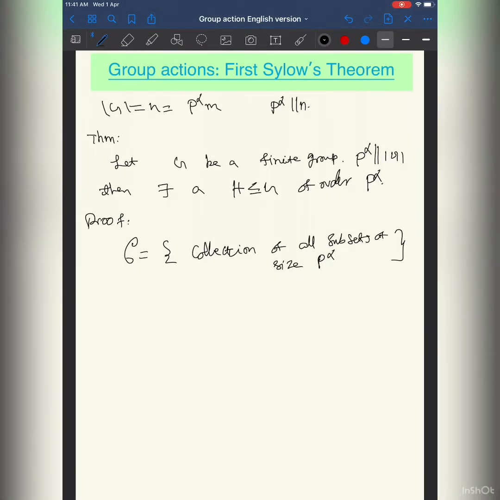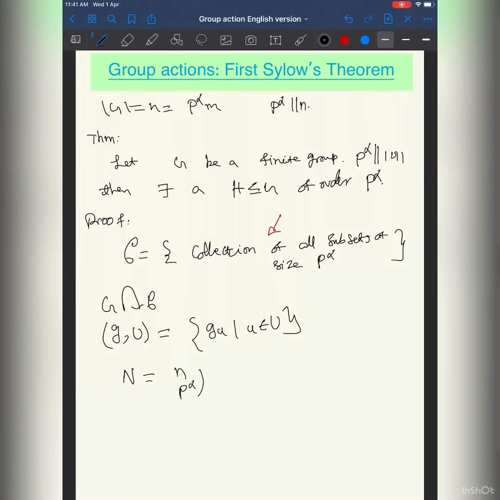Our subgroup is going to be inside this collection, but I don't care about that, we will see it in a different way. I am acting G on this collection by g·U, where U belongs to the collection, and you can check this is a well-defined group action.